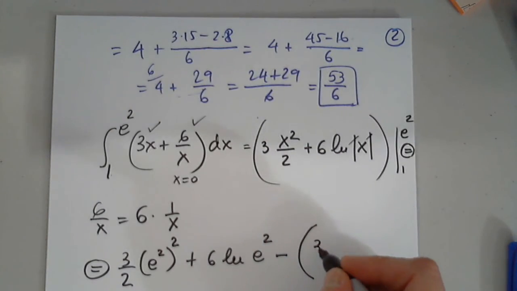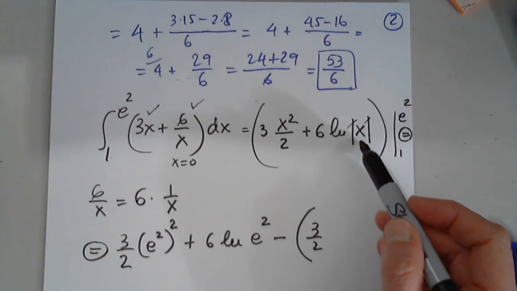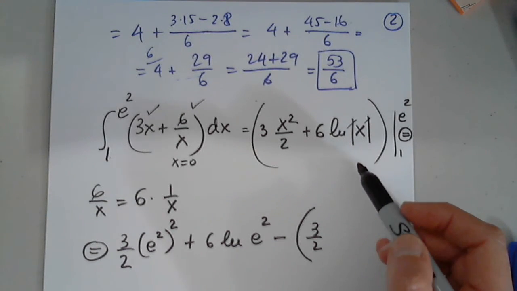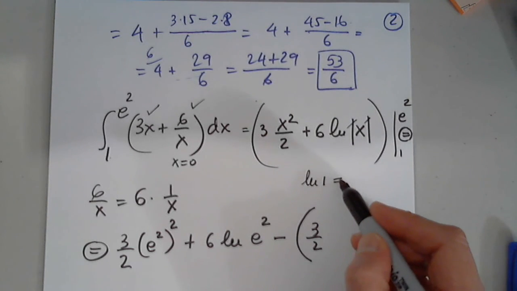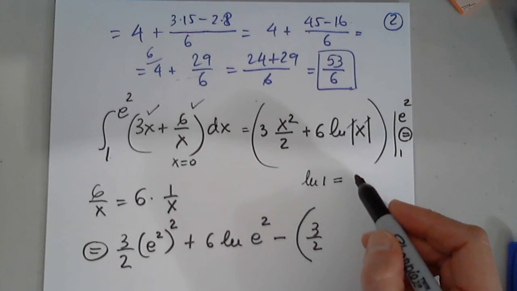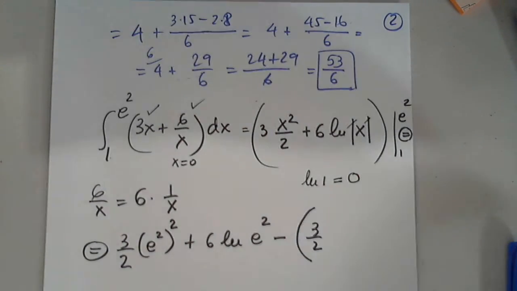When I plug in 1, I get 3/2. When I plug in 1, anyone remembers natural log 1? Zero. Yes. So, in case you forget, put it in the calculator.